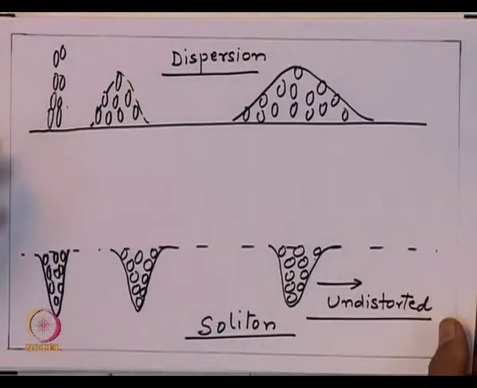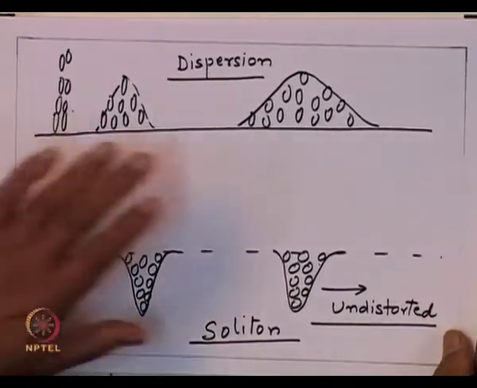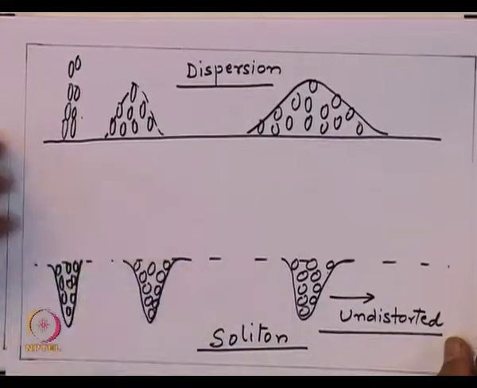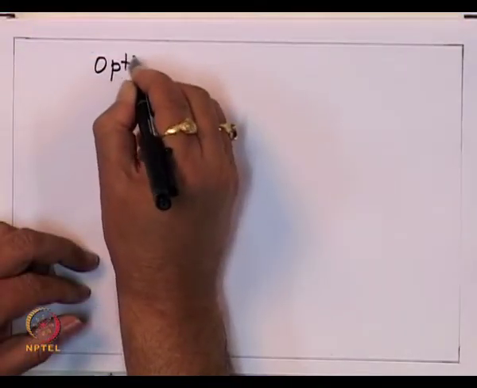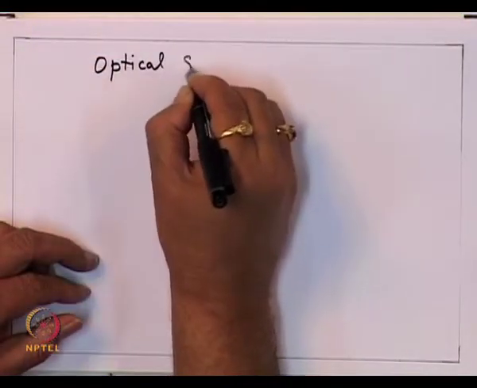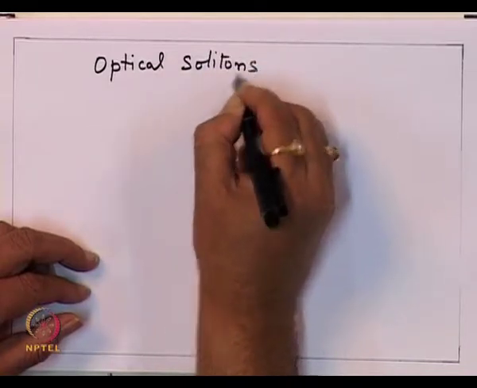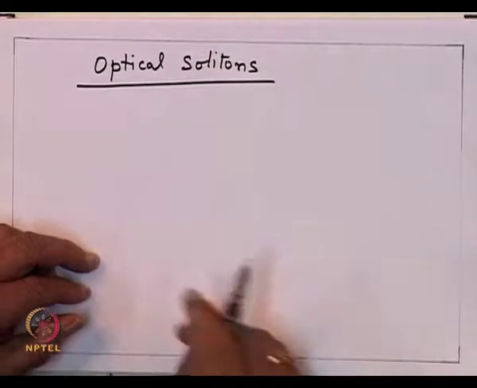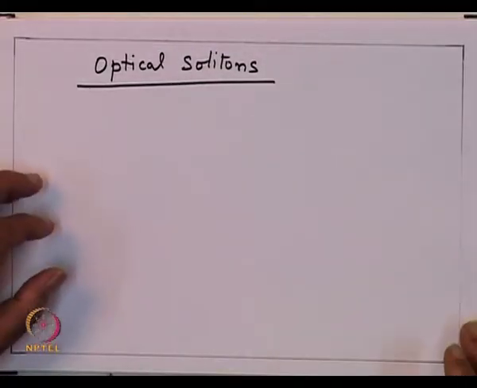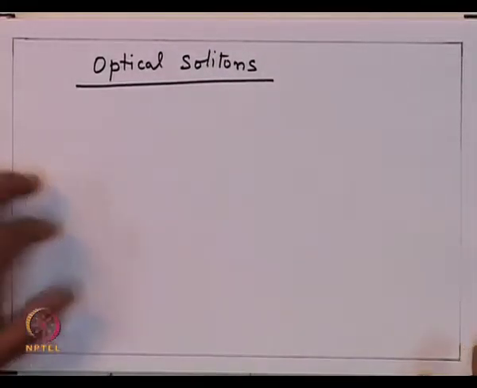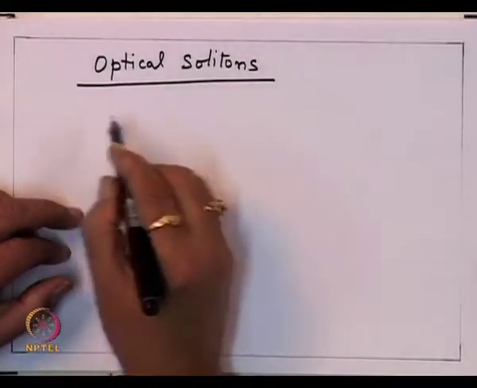So, let us look at now the simple analysis of the solitonic propagation. So, let us consider here optical solitons. So, let me say here what we have said.